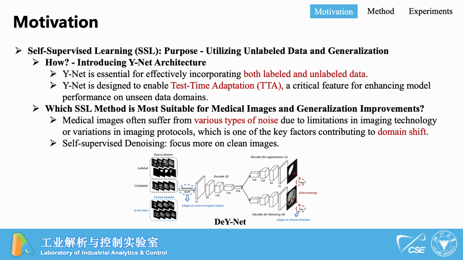We observed that medical images often suffer from various types of noise due to limitations in imaging technology or variations in imaging protocols, which is one of the key factors contributing to domain shift. So, integrating self-supervised denoising helps the model to extract features from clean images and supports test time adaptation.